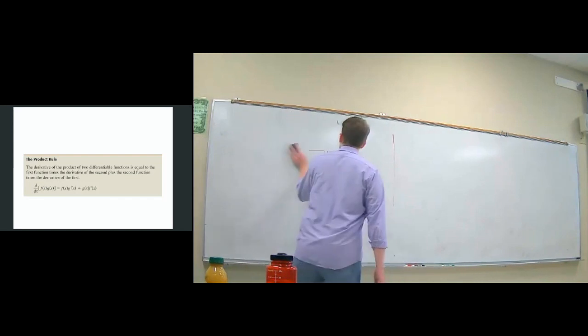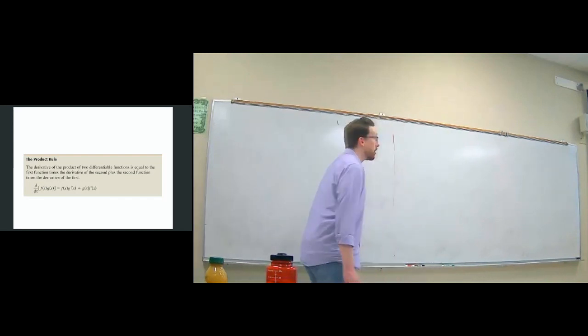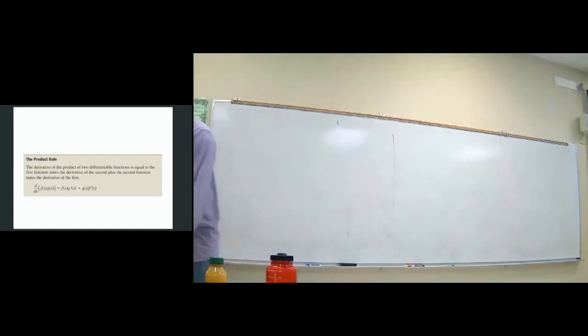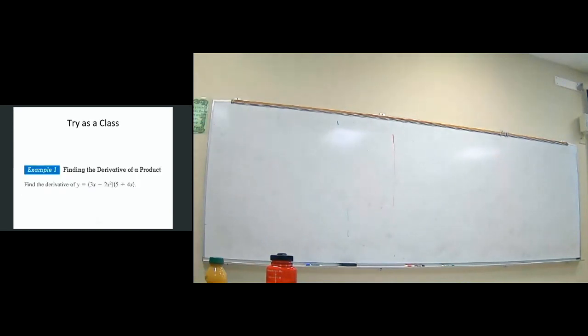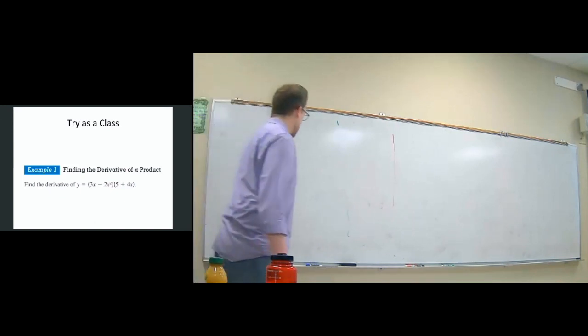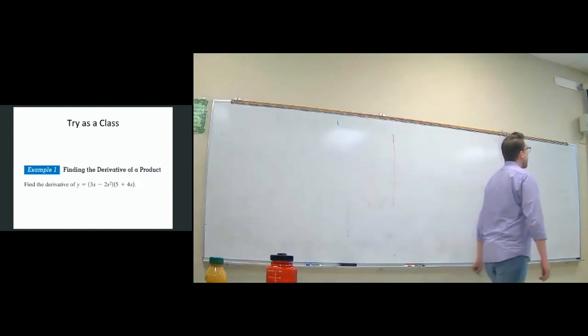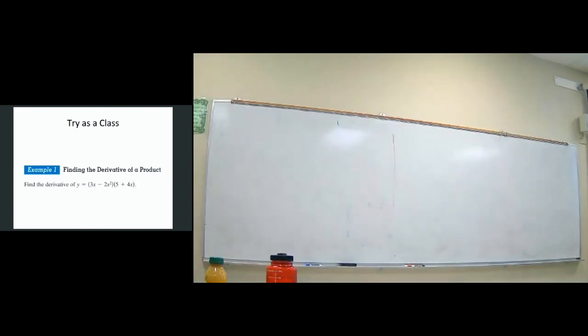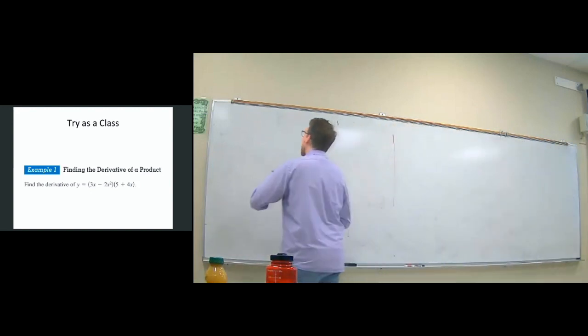All right, so we've got this idea of the product rule. Now let's use it. Let's go ahead and apply it to this. First, we need to identify what our f of x and our g of x will be.